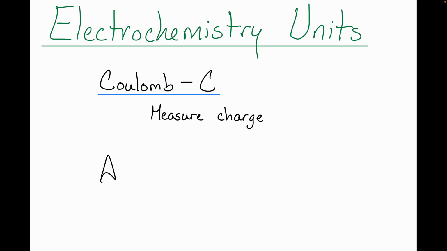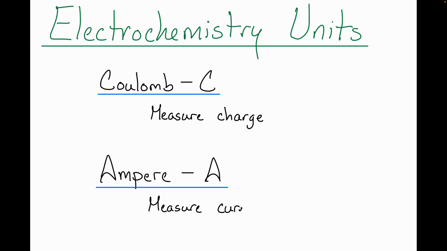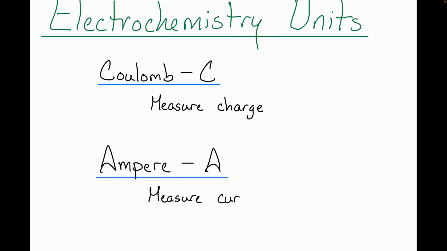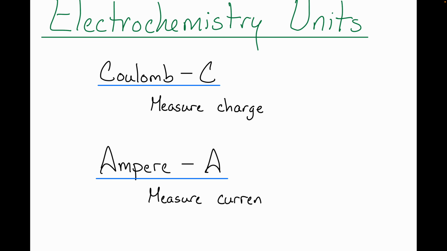All right, the next is an ampere or an amp. An amp is used to measure what's called current, which is the flow of electrons.